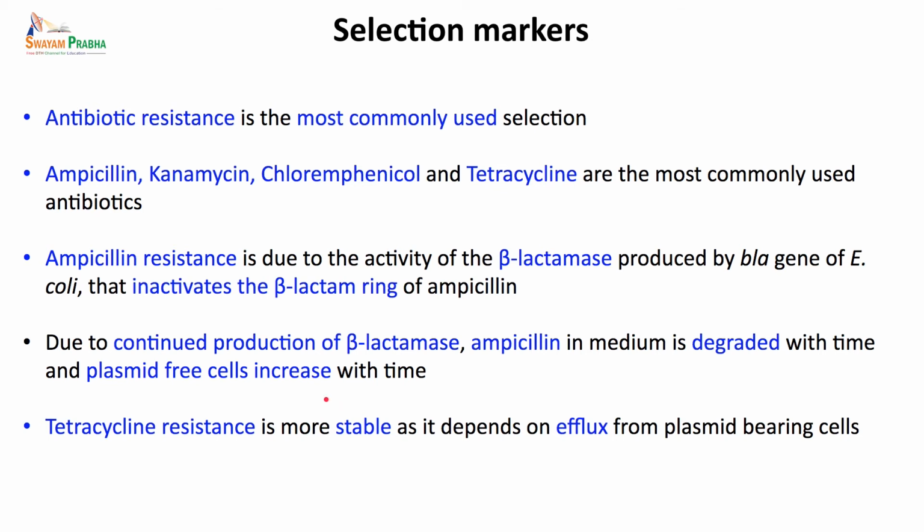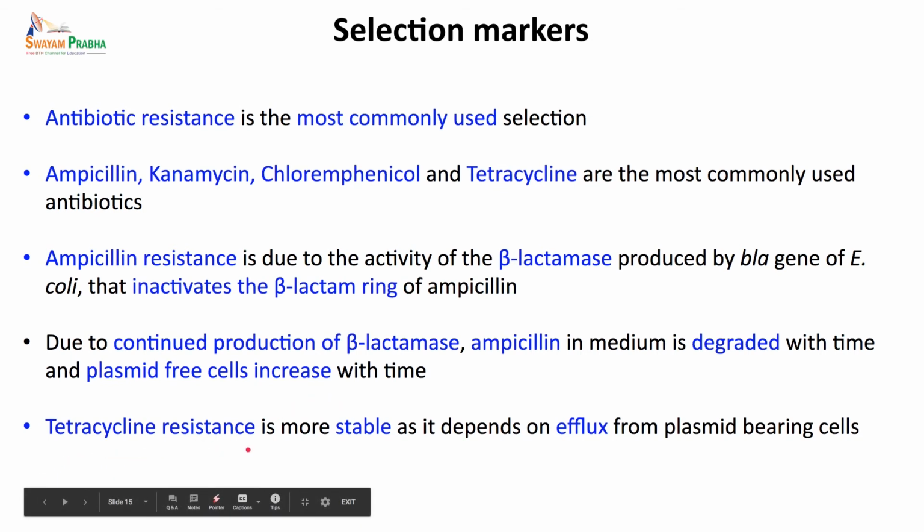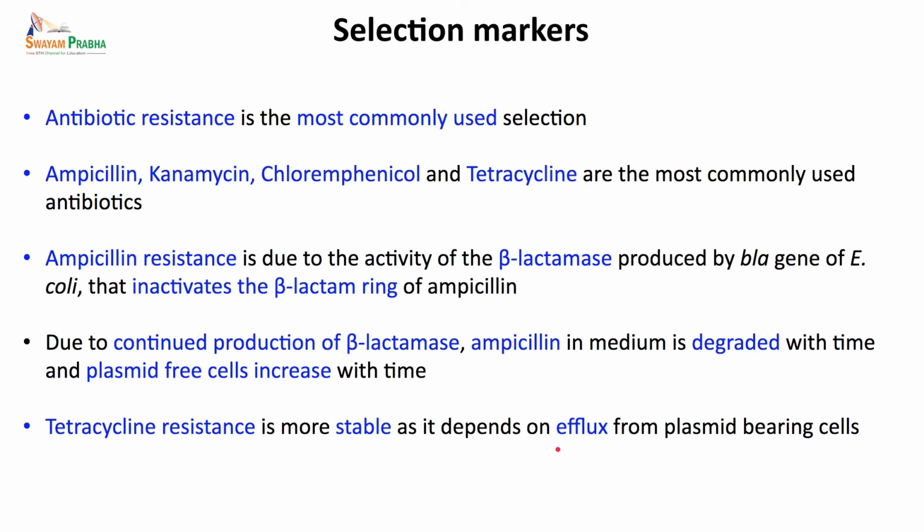Compared to ampicillin, the tetracycline resistance is much more stable, because it does not depend on the degradation of tetracycline. Instead, tetracycline is effluxed out of the E. coli cell, and therefore the cells which can throw tetracycline out will be resistant to tetracycline pressure. So that is much more stable compared to ampicillin.